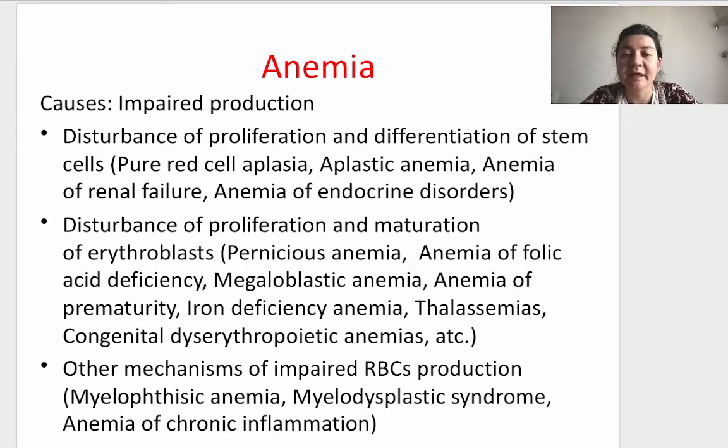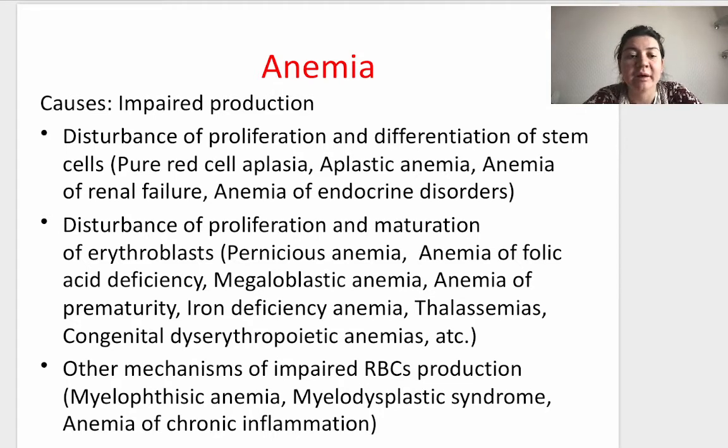This hypoplastic anemia can be due to disturbance of proliferation and maturation of erythroblasts, like in pernicious anemia, anemia of folic acid deficiency, megaloblastic anemia, anemia of prematurity, iron deficiency anemia, thalassemias, congenital dyserythropoietic anemias, etc.